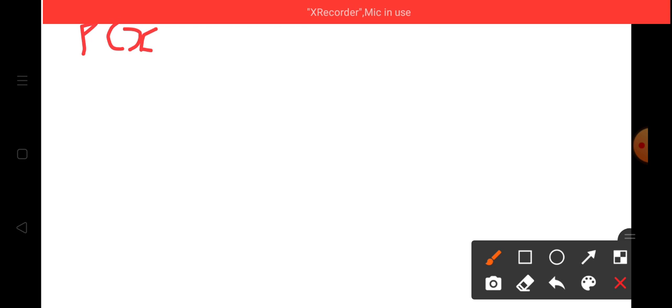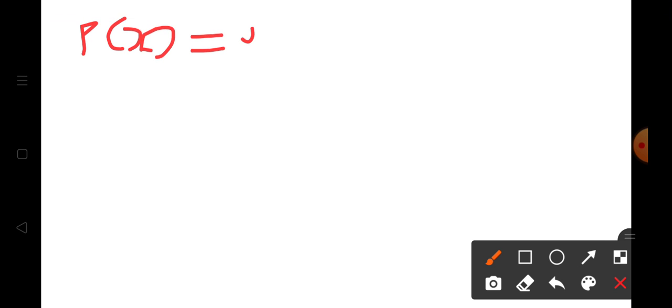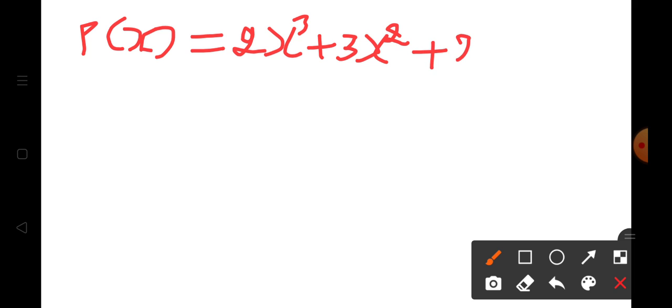So first we write the p of x. Now listen, p of x is equal to 2x cube plus 3x square plus 2x plus 3. Now we substitute x is equal to minus 3.